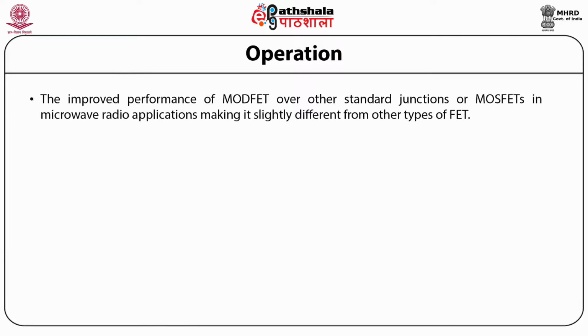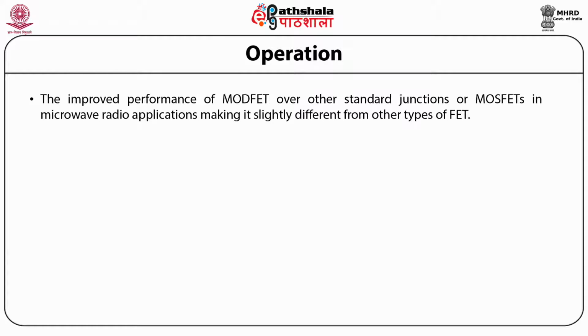So, students, let us now discuss the operation of MODFET. The operation of the MODFET is slightly different from other types of FET, and it is able to give improved performance over the standard junctions or MOSFETs, in particular in microwave radio applications.